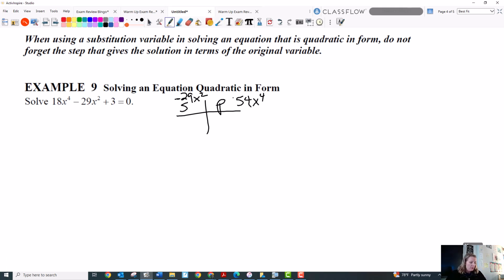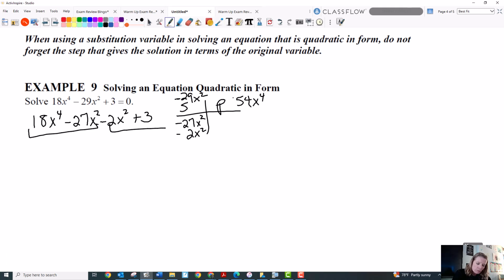What multiplies together to give us 54 and adds to give us -29? That's -27 and -2. But I'm going to give you another way to do it. Instead of factoring it over to the side, I'm just going to replace the middle term. So I bring down the first one and replace the middle with -27x squared and -2x squared, plus 3.